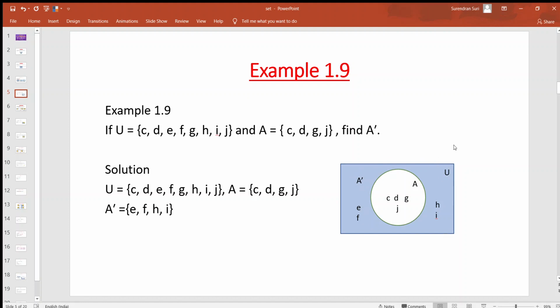This is the universal set and the circle has the elements of set A, that is C, D, G and J inside A. When they ask for A complement, you have to see what are the elements that are not in set A. In the universal set, we have C, D, E, F, G, H, I and J. C and D are there in A, but E, F, H, I, these four elements are not inside A. So they are outside A and they are called A complement.